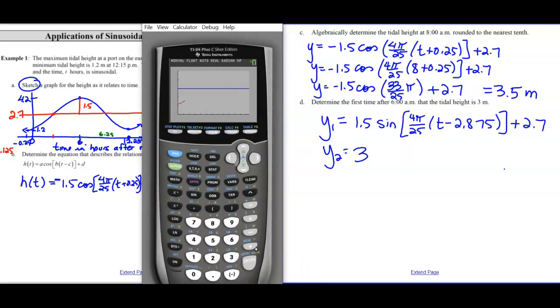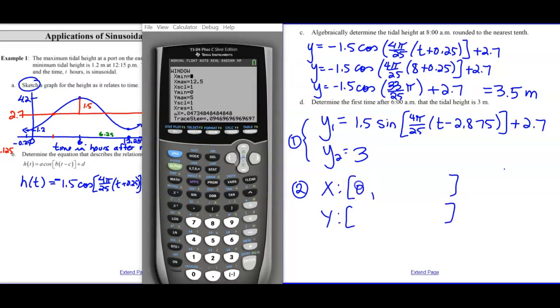Then remember, you do this first, then your window settings. Okay, so what did we do for our window settings? We went 0 to 12.5 up by 1s. We went 0 to 5 up by 1s.